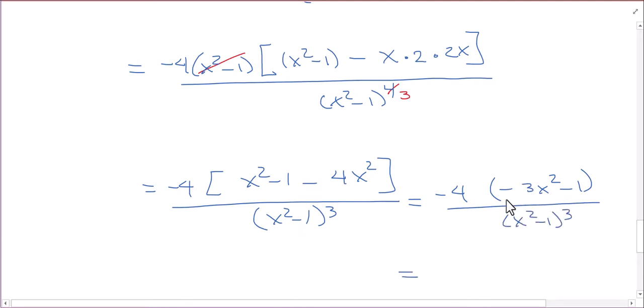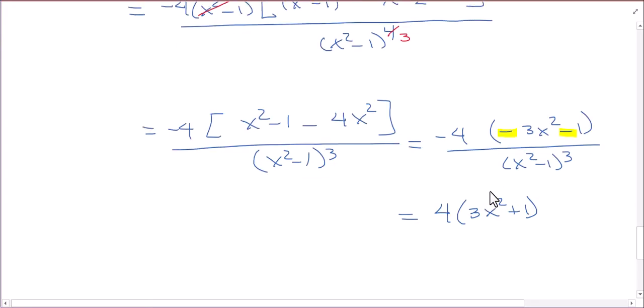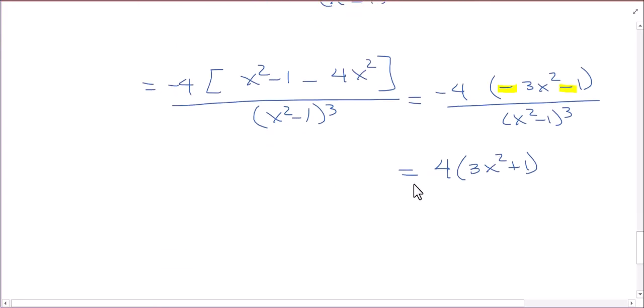And take out another negative from there. Both of those are negative, so take that negative out. And so when you take a negative 1 out, that becomes a positive. So I'm going to have positive 4 times 3x squared plus 1, taking the negative out, all over x squared minus 1 cubed.